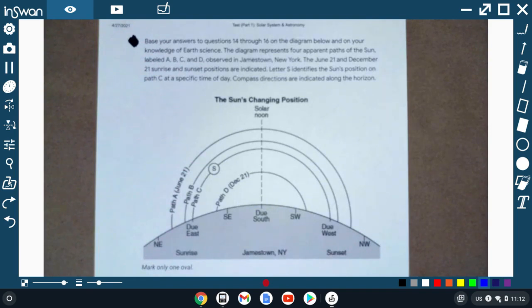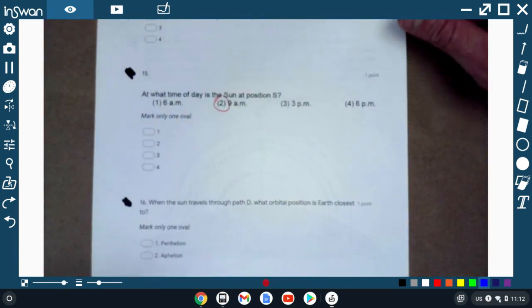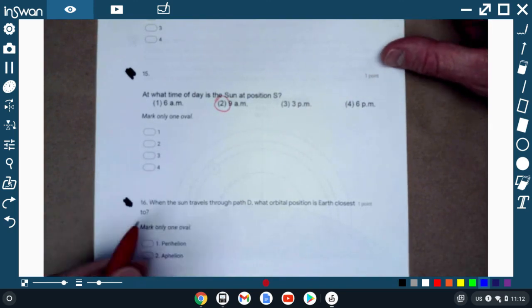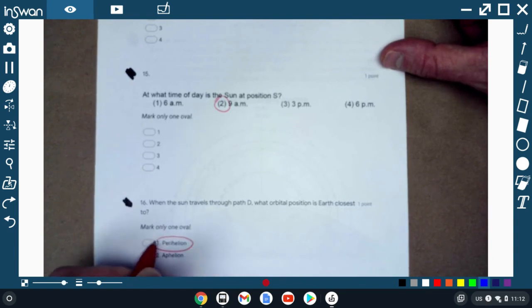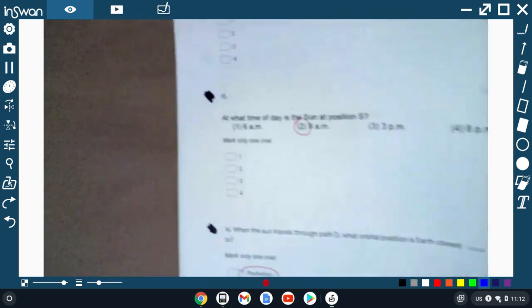Well, that position itself is going to be very close to the Earth, and the position is actually called perihelion. So Earth is in winter position during perihelion, so it's actually closest. So 16 is number 1. All right, moving on, number 17 here.